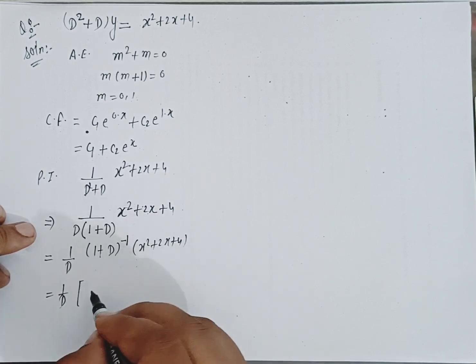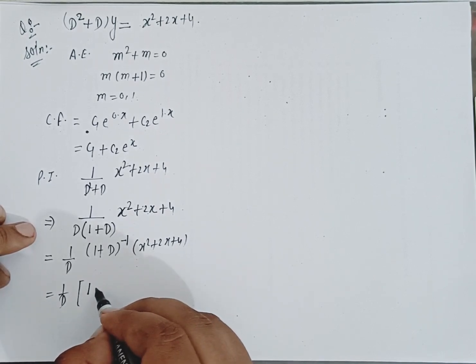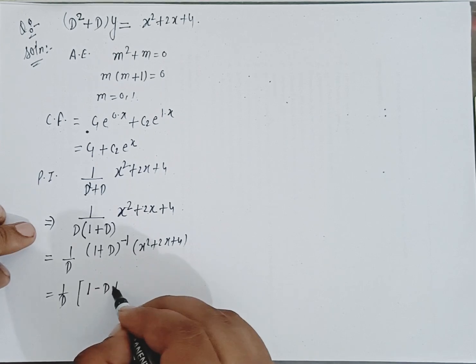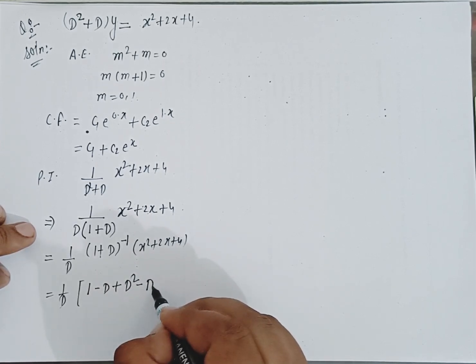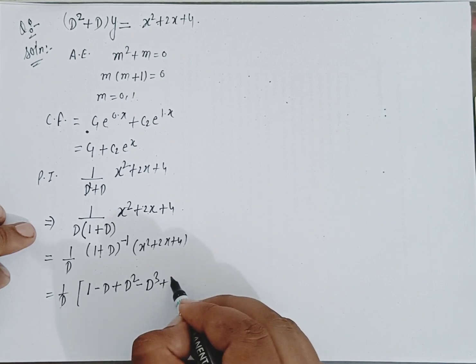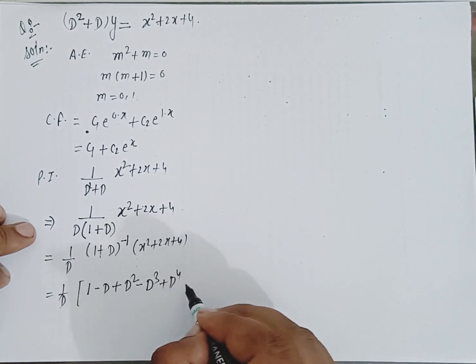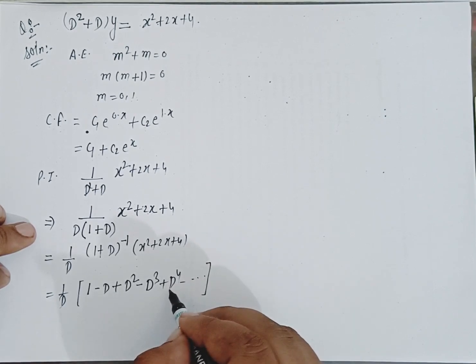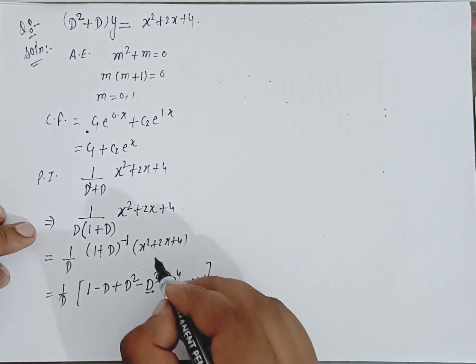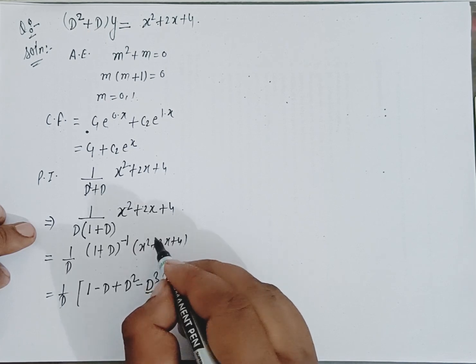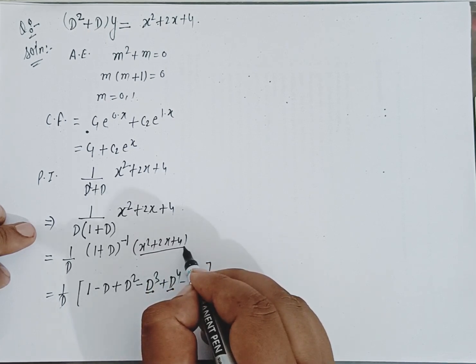We have plus here, minus here, the terms will go alternatively: 1 minus D plus D square and minus D to the power 3 and plus D to the power 4. There is no need to write D to the power 4 and D to the power 3, because D to the power 3 is greater than the degree 2 of this quadratic polynomial.